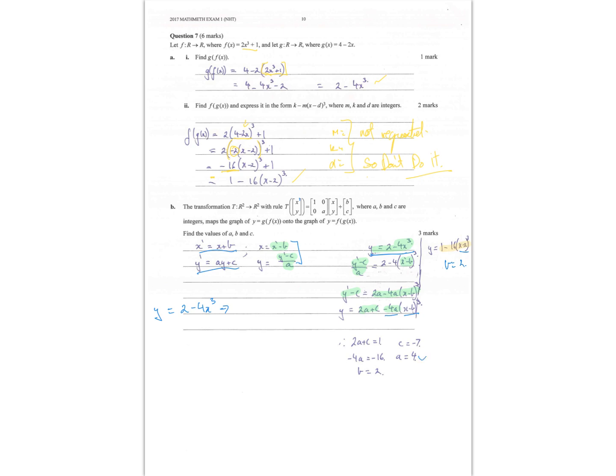So then a is equal to 4. And then the 2a plus c has to be the same as 1. So we can get a series of little equations there, which is what each of these are, equating coefficients. And there's our values. This time we did have to state the values of a, b, and c, so clearly state them.